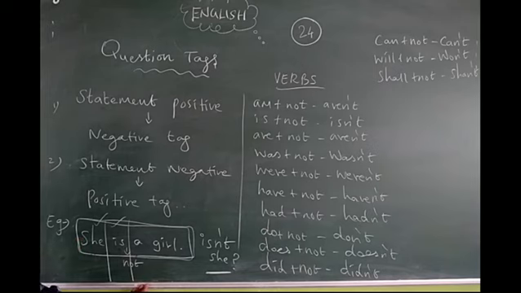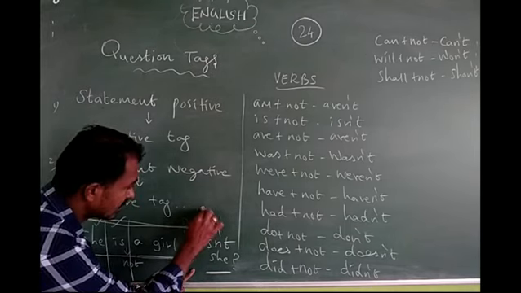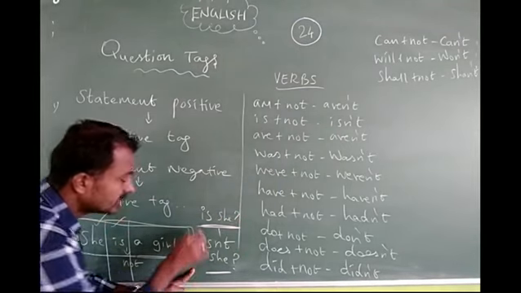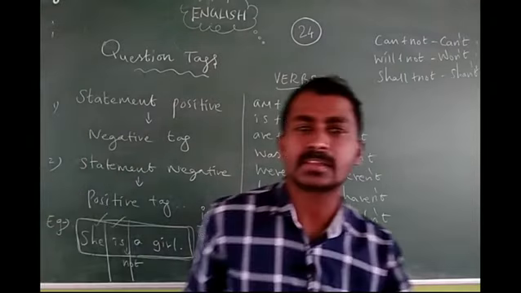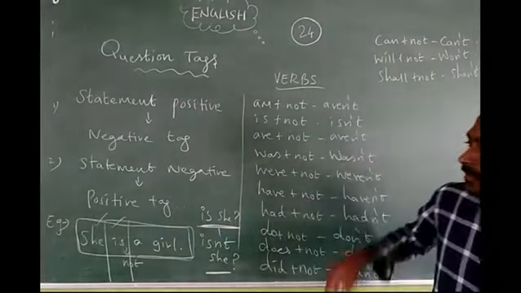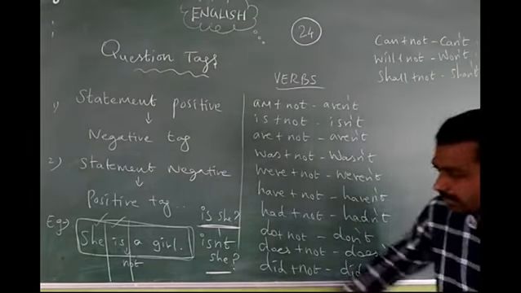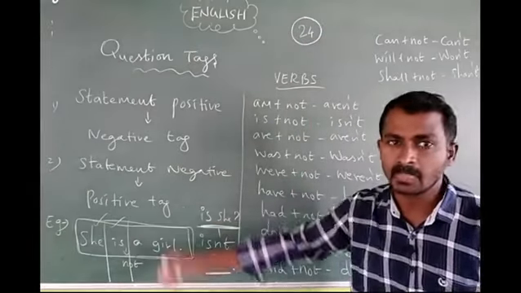The statement is negative, so our answer must be positive. How can we write, sir? Is she? That's all. This is the difference between a positive sentence and a negative sentence. If the sentence is positive, the tag must be negative. If the sentence is negative, the tag must be positive. Like that we have to follow the rules.